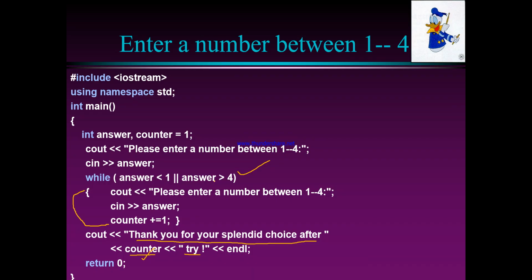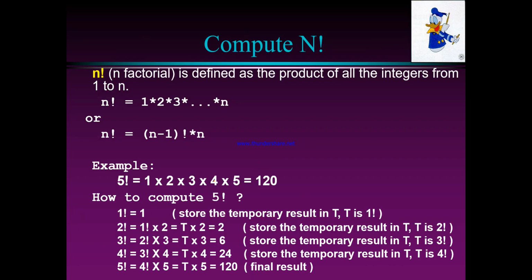Coming back to the presentation, this is another example which we will solve through the while loop. In factorial, everyone of you knows the n factorial in mathematics, how we can calculate n factorial.